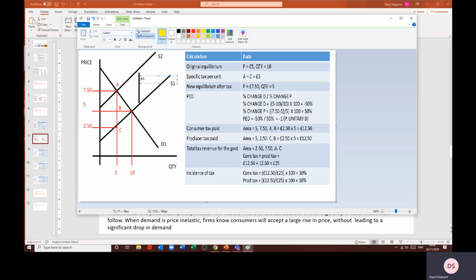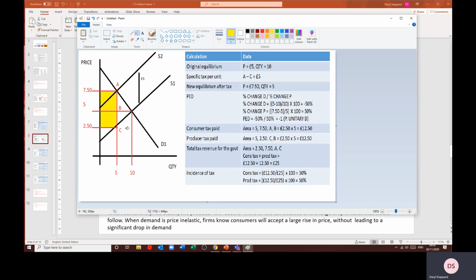Again, the tax revenue generated for the government will be this area here. The tax per unit is £5, multiplied by the 5 that's demanded in the marketplace. So 5 lots of £5 will give us £25.